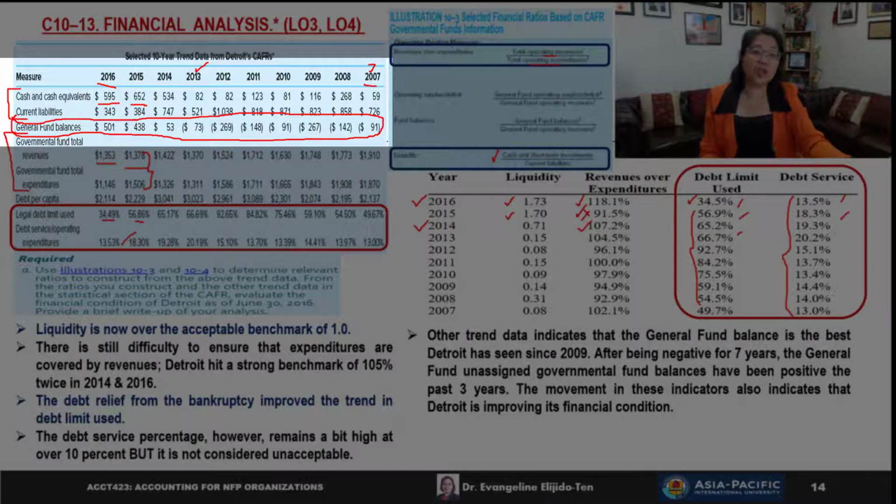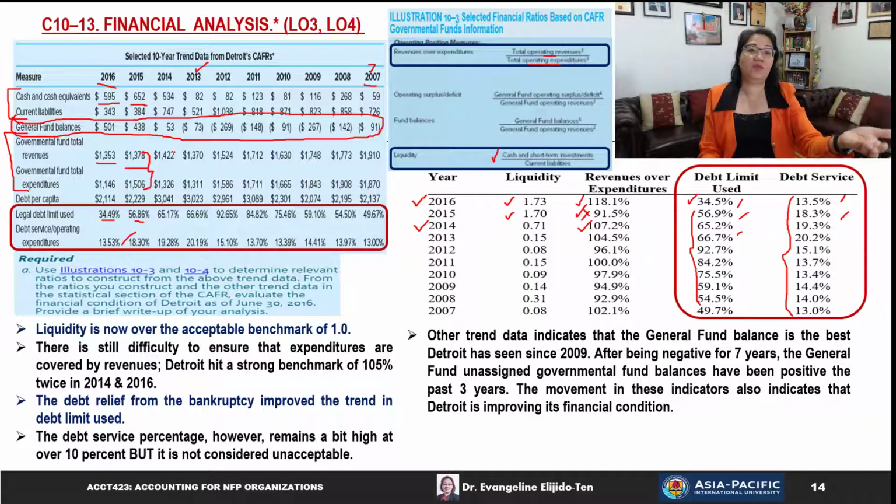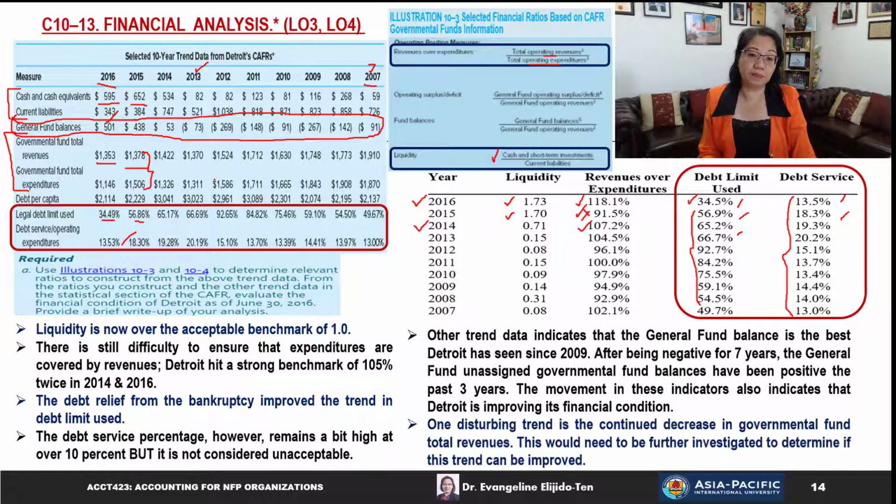It's only from 2014 that they have positive 53, 438 in 2015, and the strongest is in 2016 with 501. All right, so the movement in these indicators also indicates that Detroit is improving its financial condition.